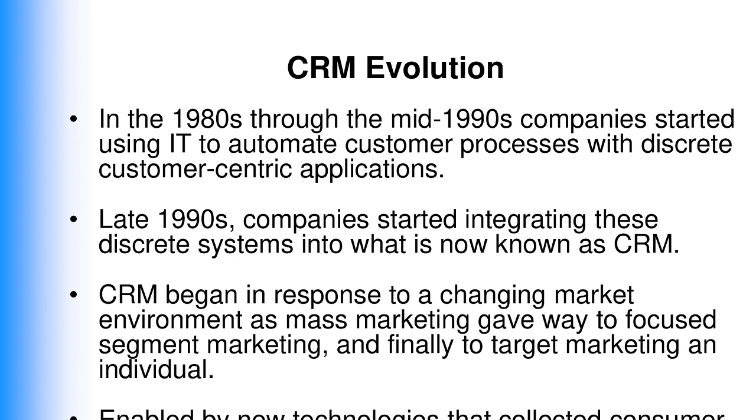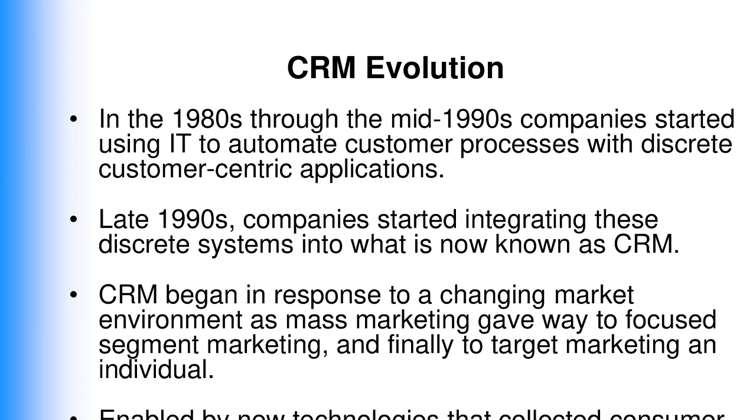Lots of IT companies entered India, and they developed new software to promote customer relationship management. In the late 90s, companies started integrating these discrete systems into what is known as CRM.